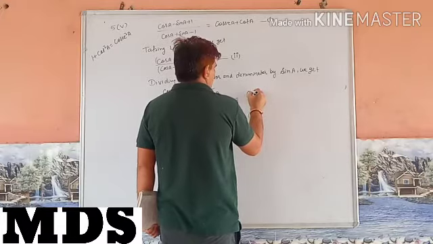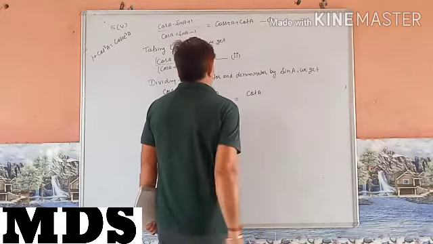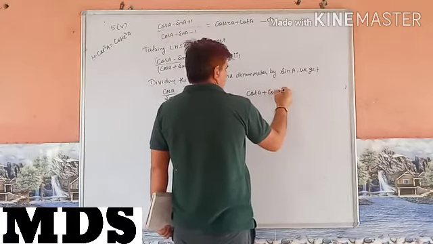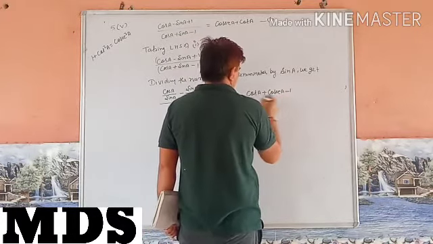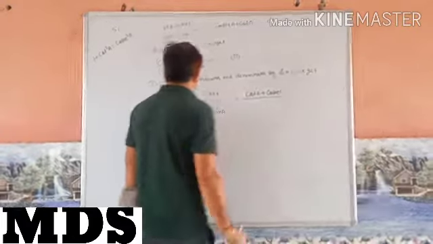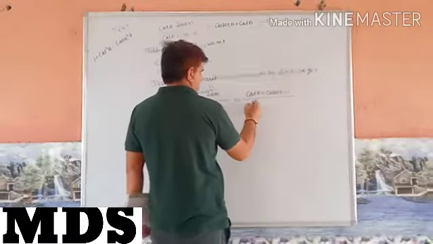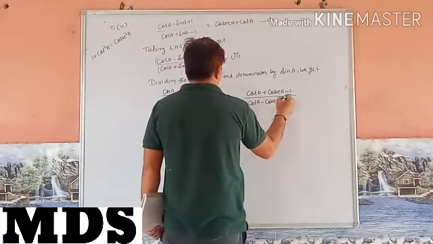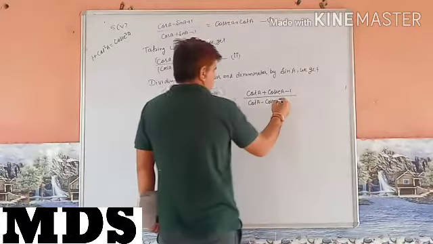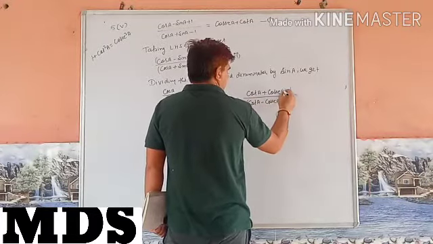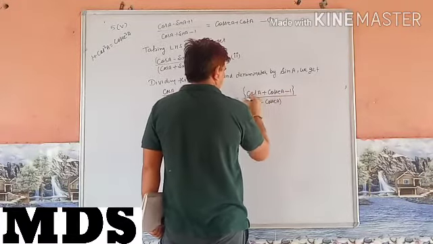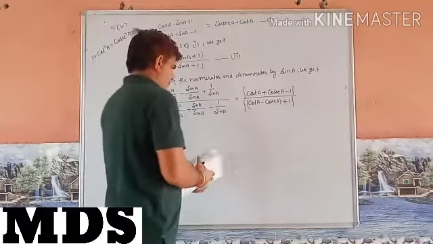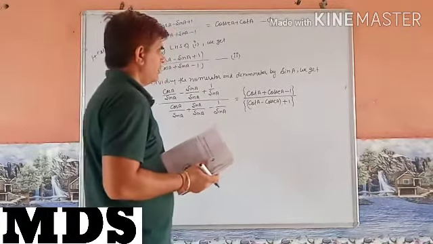This becomes cotangent A plus cosecant A minus 1, divided by cotangent A minus cosecant A plus 1. Yes or no?